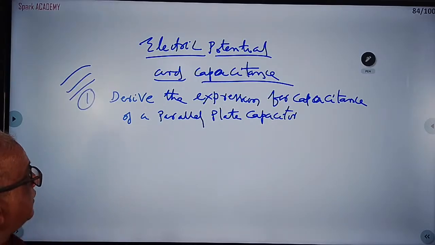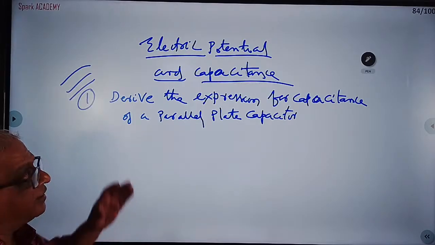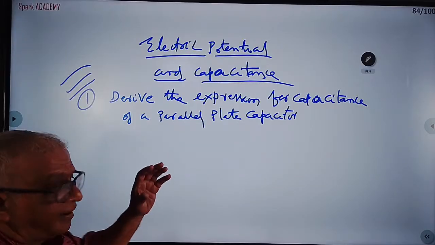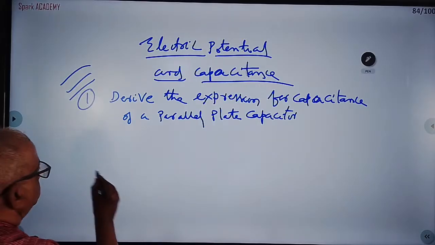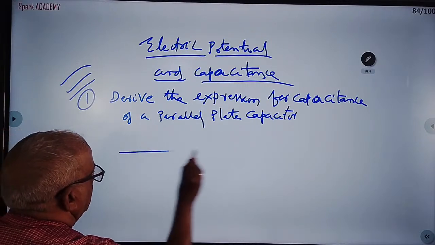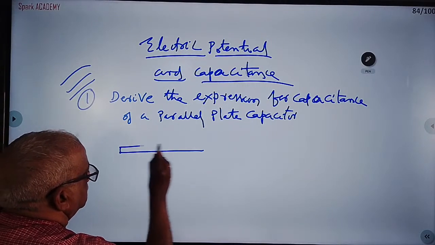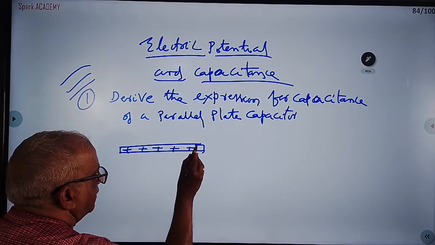Okay, students, capacitance. But a parallel plate capacitor is one device, it is not capacitors connected in parallel. It is a parallel plate capacitor, a device. I am drawing the diagram now. This is a plus plate charged by a battery.